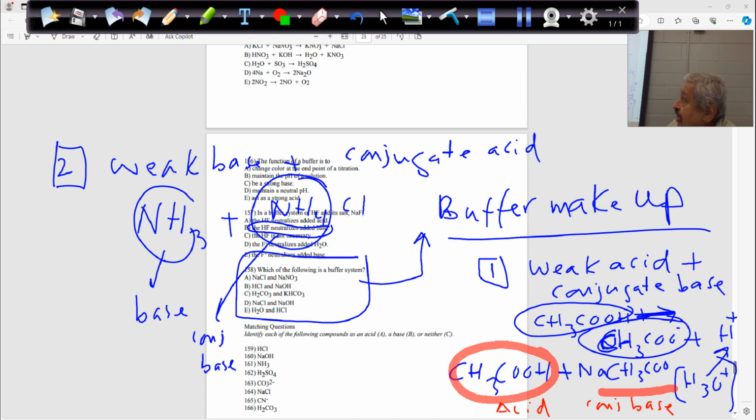Most of the time it's charged because it's losing the protons. It's an acid that lost its protons, and the conjugate acid is really a base that gained the proton, correct?